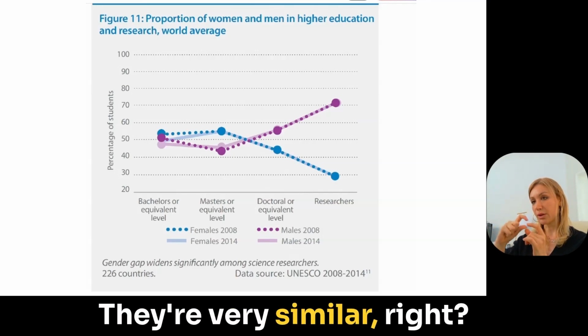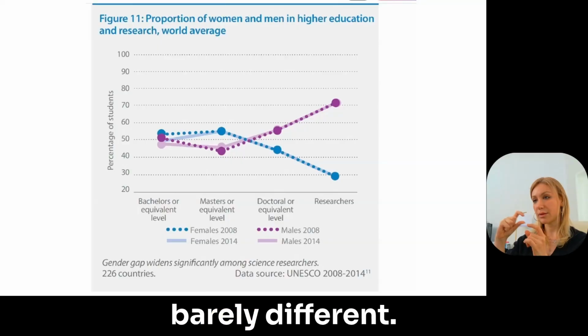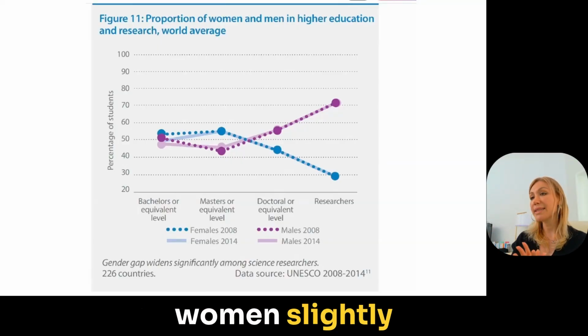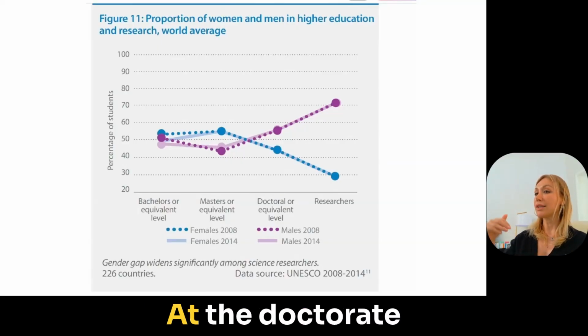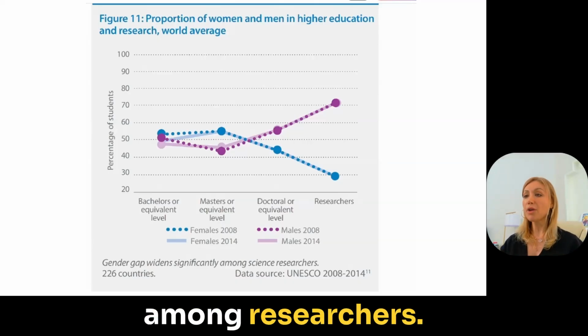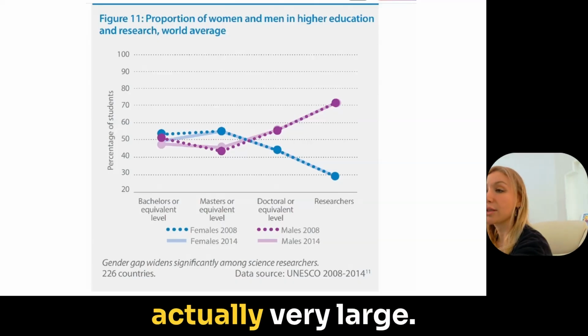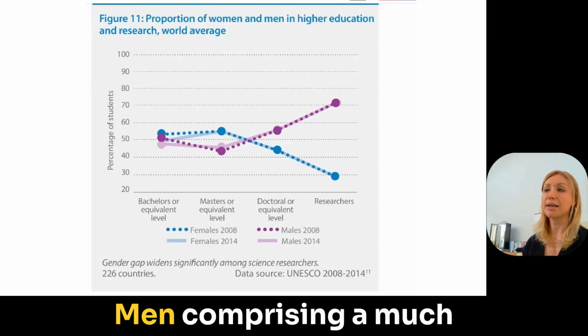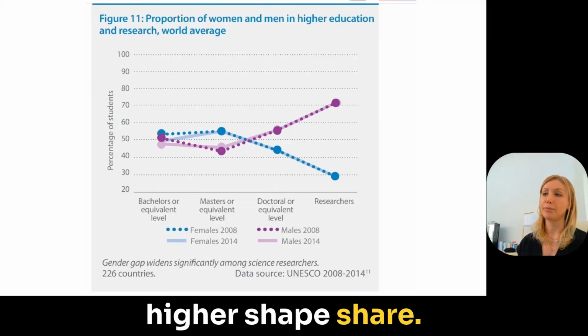They're very similar, barely different. At the master's level, women slightly outnumber men. At the doctoral level, men begin to outnumber women. And among researchers, the gap is actually very large, with men comprising a much higher share.